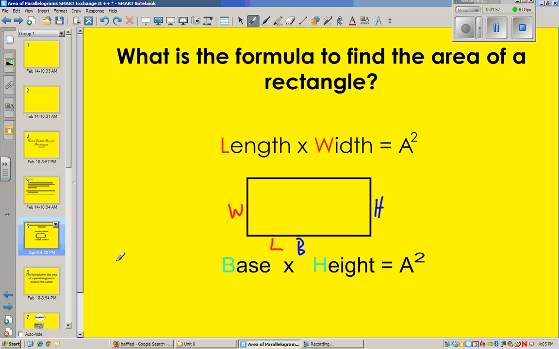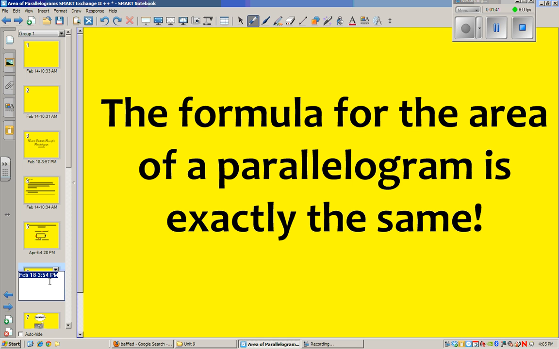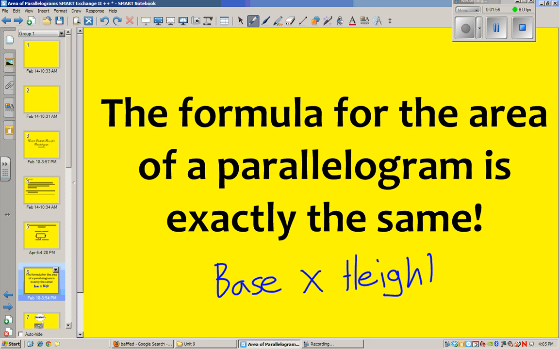Now, I'm going to blow your mind a little bit here. The formula for the area of a parallelogram is exactly the same. It's exactly the same as the formula for finding the area of a rectangle. It is base times height. That equals area, again, in units squared. Is your mind blown?